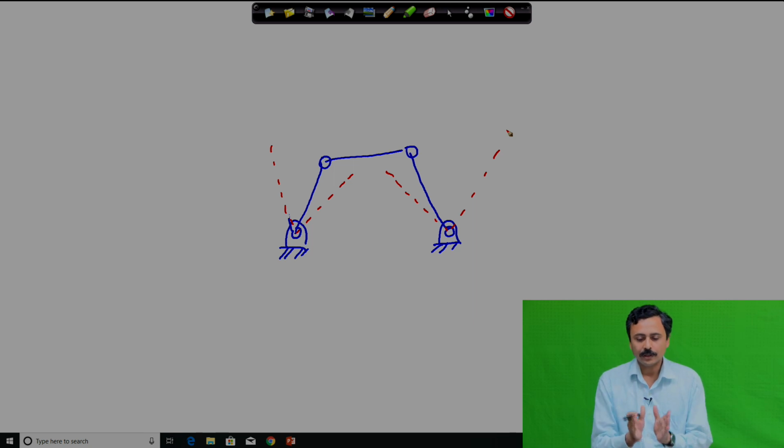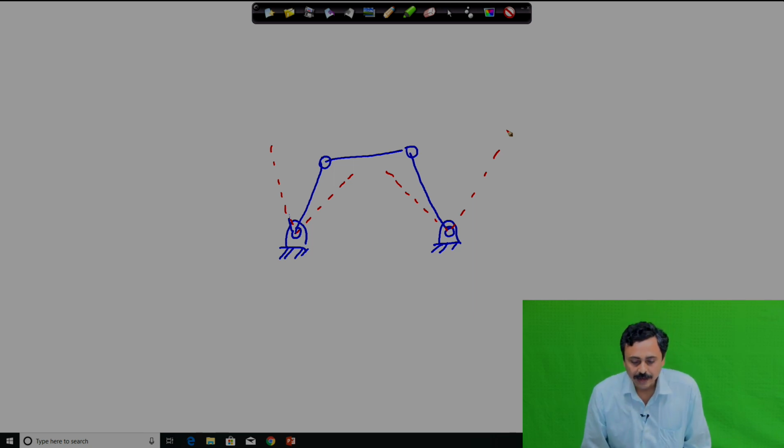Now, here what is the first impression about this? You see both the dead center configurations are on one side of the frame.